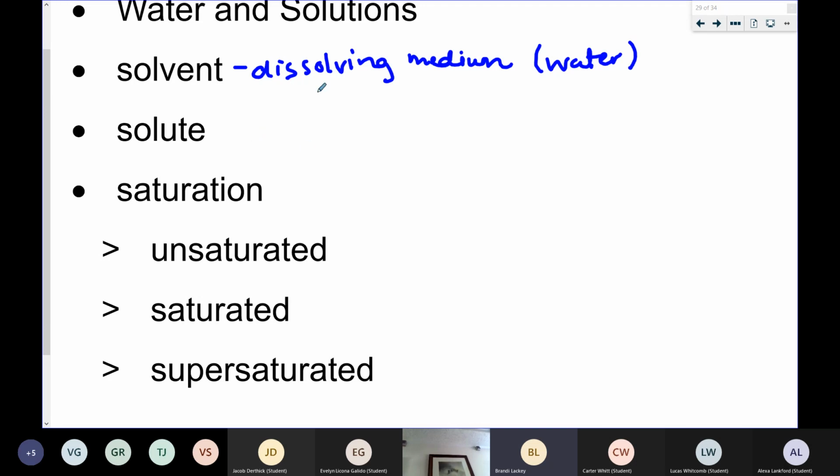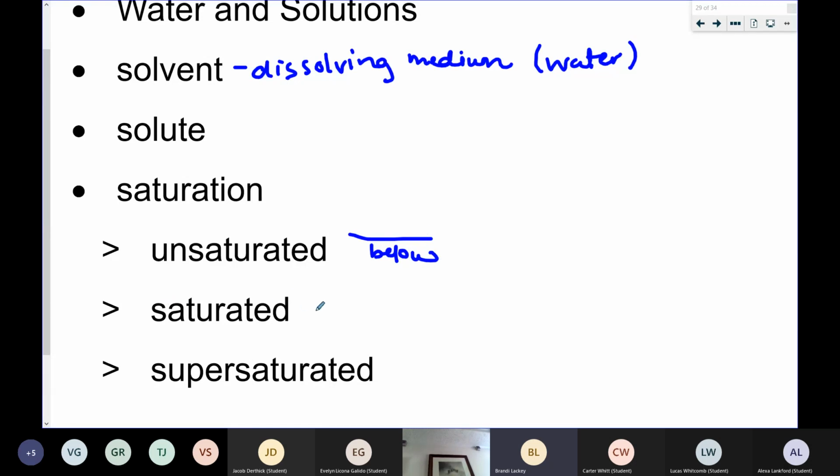Whenever we're looking at how much can dissolve, we're going to talk about saturation. So remember, something can be saturated, unsaturated, or supersaturated. Unsaturated means it dissolves less than it should be able to. So when we were looking at solubility curves, remember the unsaturated values are below whatever the line is for that particular substance.